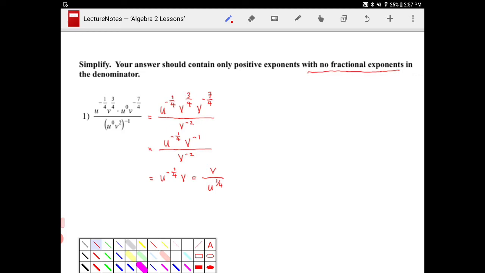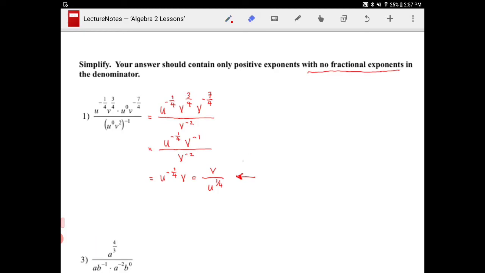There's something similar in the discipline of math. Here it says no fractional exponent. It's not like you're breaking any laws or rules of mathematics if you leave your answer in this form. However, it does look a little nicer if your denominator does not contain any fractional exponents.